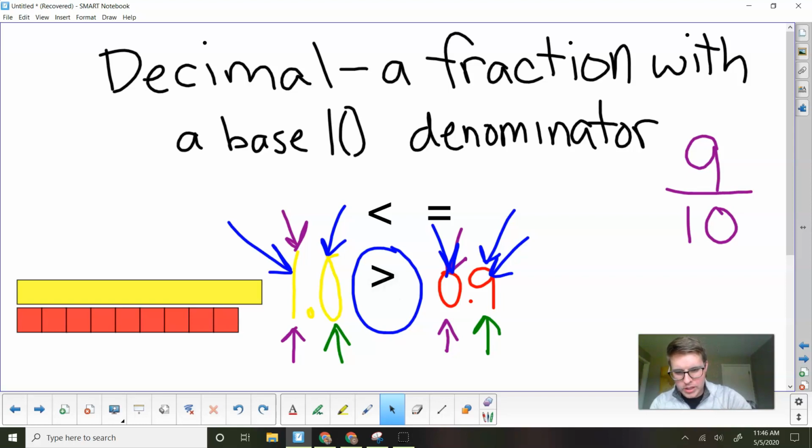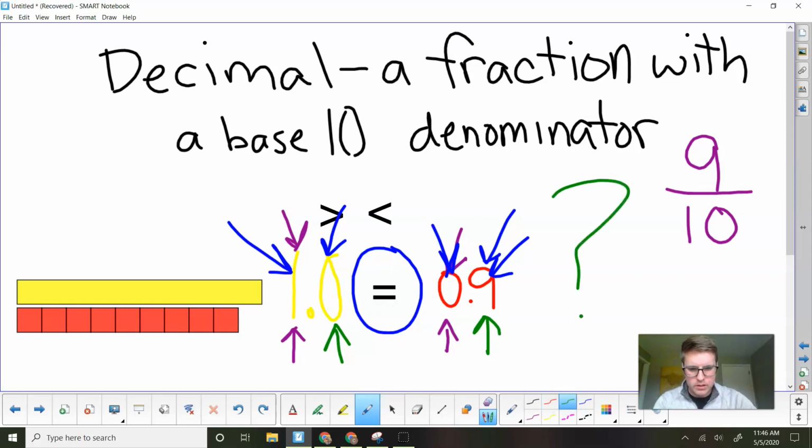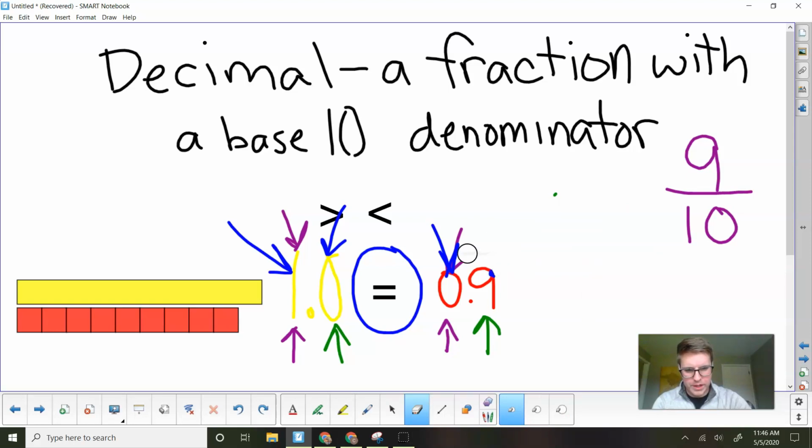My next question to you is how can I make these equal? What do I need to do to make it equal? Okay. Well, if you're thinking I need to add something to this side, you're right.